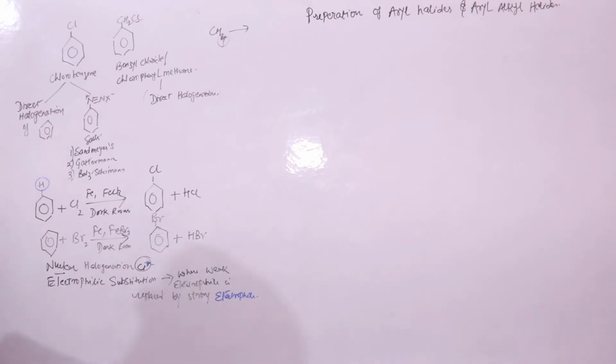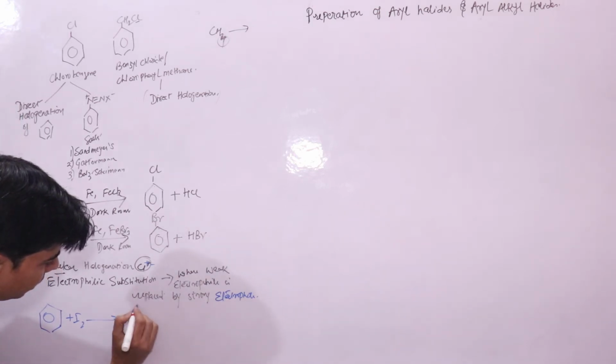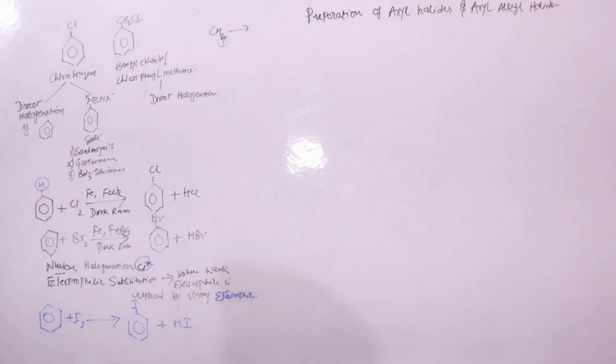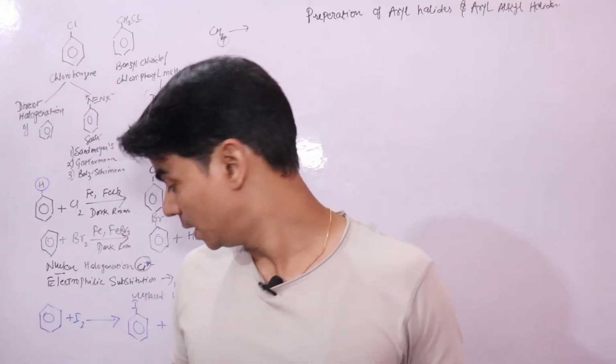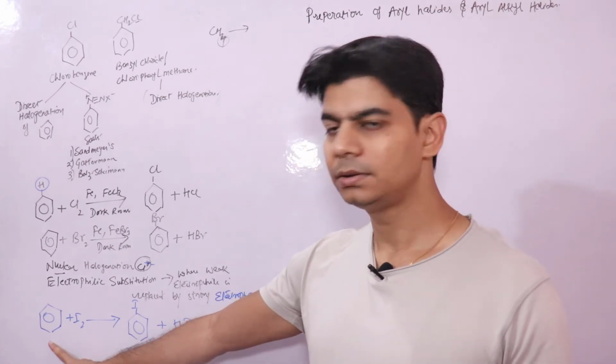Now coming on to the other reaction, to prepare iodobenzene. Here the reaction is done in presence of an oxidizing agent, but first let's see. An iodobenzene will get formed, plus hydrogen iodide, right. This is a reversible reaction, right. When we say reversible reaction, these products will react to give you back the reactants.